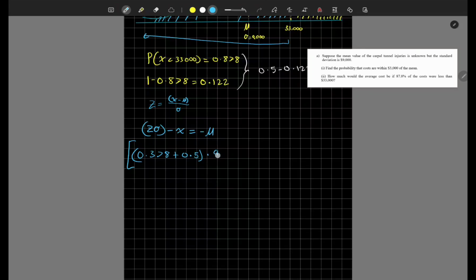Times your sigma, which is 9,000, minus your x. And it's going to equal negative, just get rid of the negative, $25,098.